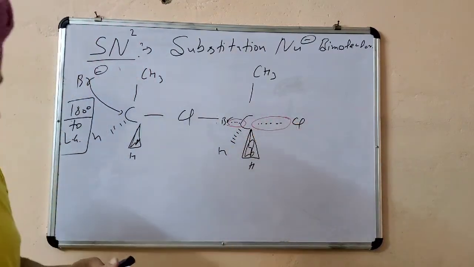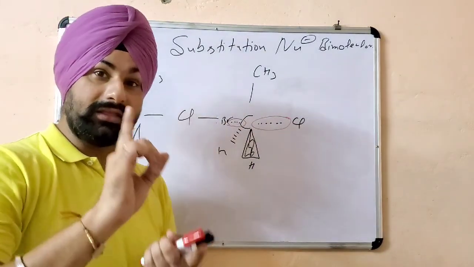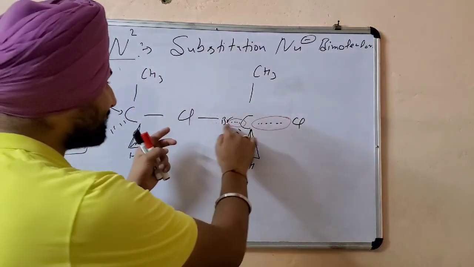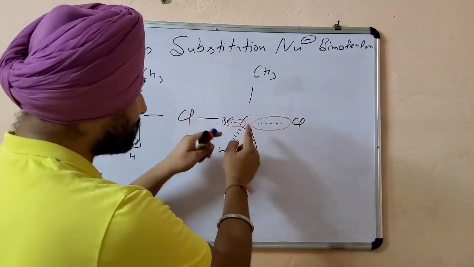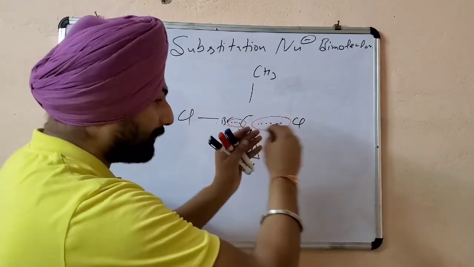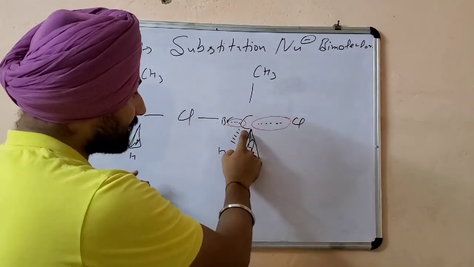Many books and authors write that this carbon acts as pentavalent, but we know the valency of carbon is always 4. So what is this? The dotted line shows that when the bond between this carbon and chloride is breaking, at the same time the bond between bromide and carbon is forming.